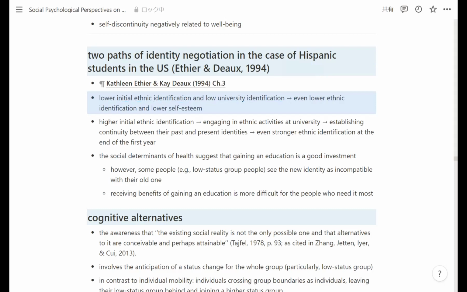So, low ethnic identification time 1, and university identification time 1. And ethnic identification time 2. And finally, we have well-being, the dependent variable here.